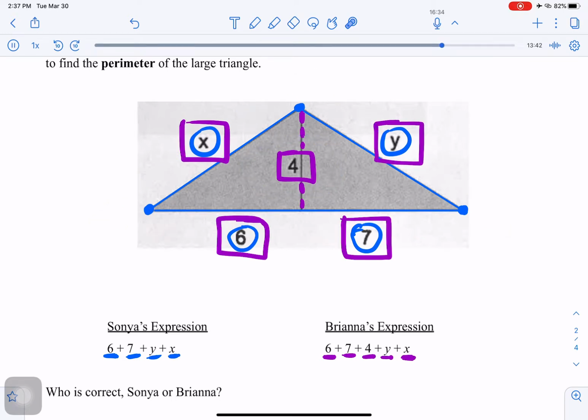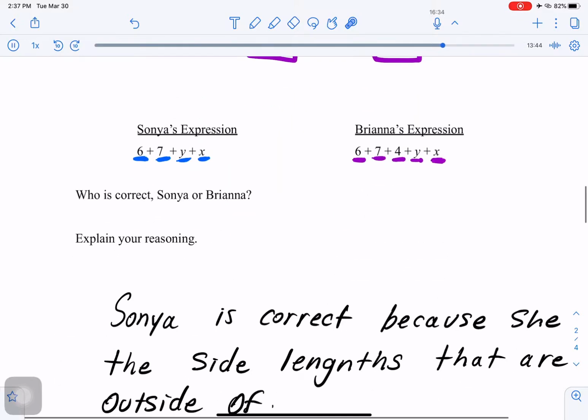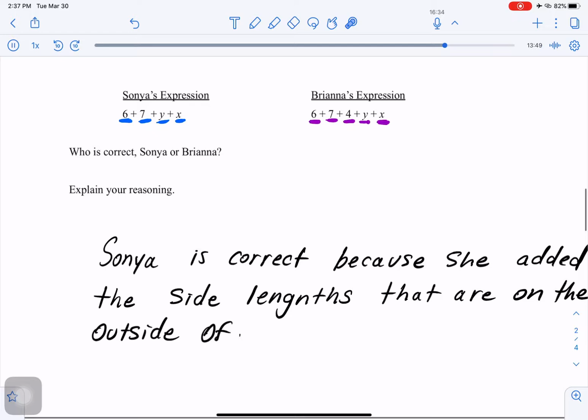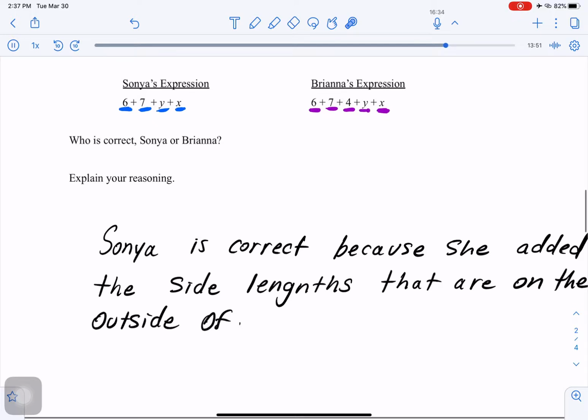So our answer, who is correct? We see that Sonia added the outside numbers. It fits the definition, so we're going to say Sonia is correct.